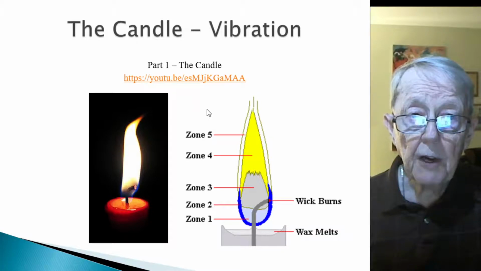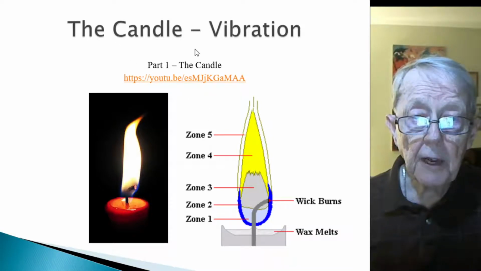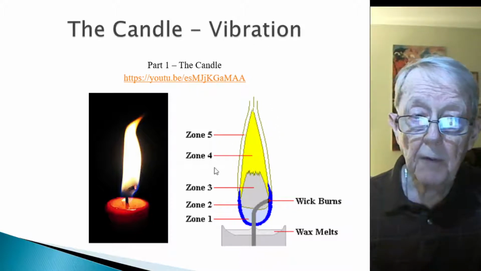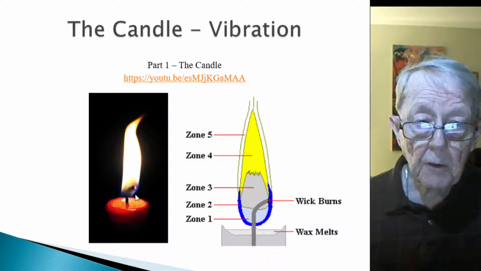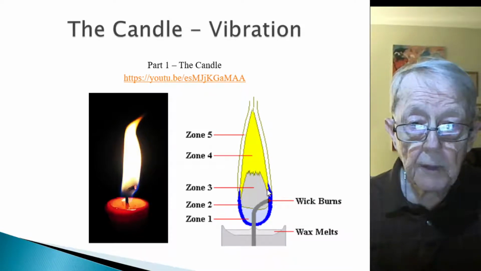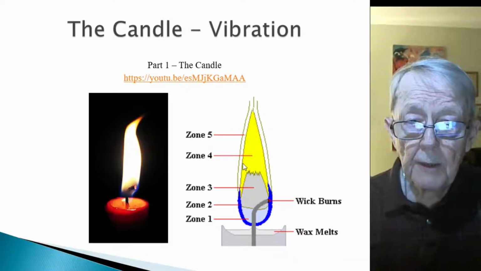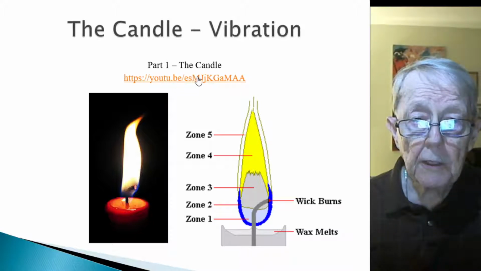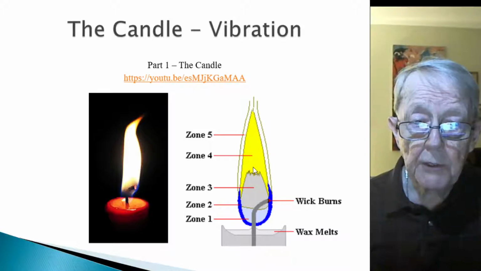In a previous video I've done, titled The Candle, this explains the light generation based on vibration. This is the candle, which has blue at the bottom, red at the top, and red, orange, yellow and white throughout. This is my video, and that's a link to my explanation.